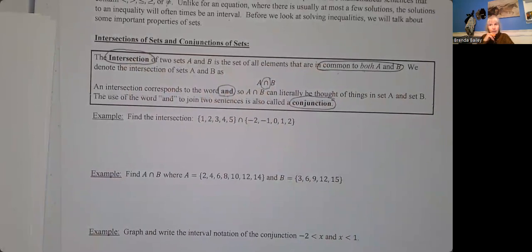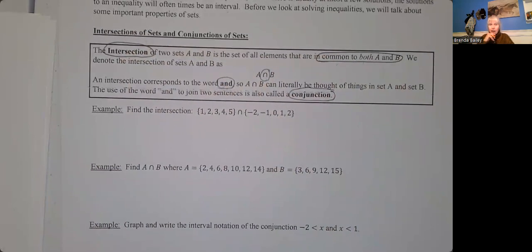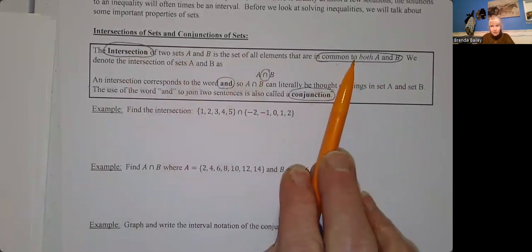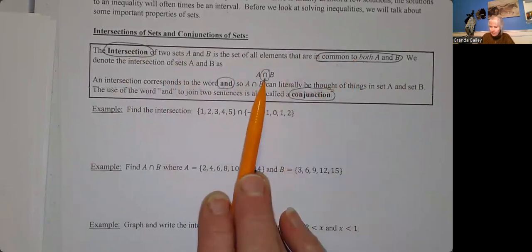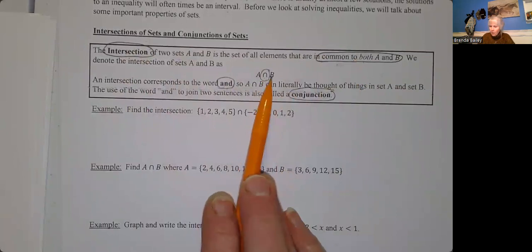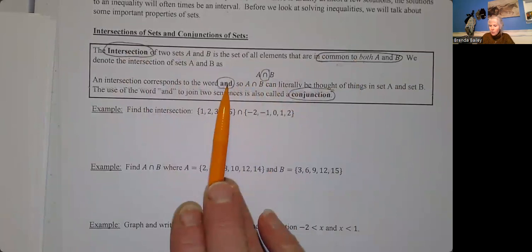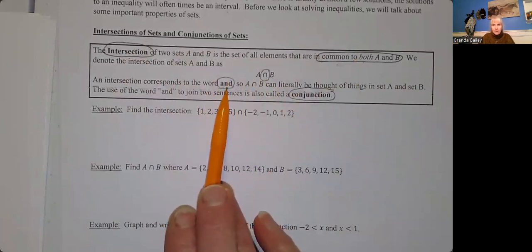You're looking for what's in common. What do they have that's the same? Instead of writing out the word intersection or conjunction, we can use this symbol. And also when and is used in certain spots, it means intersection.